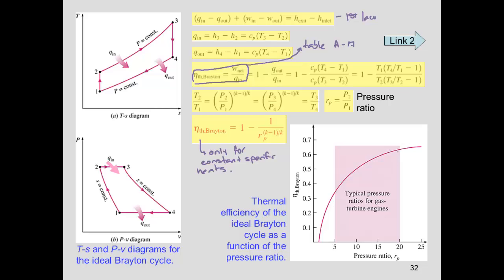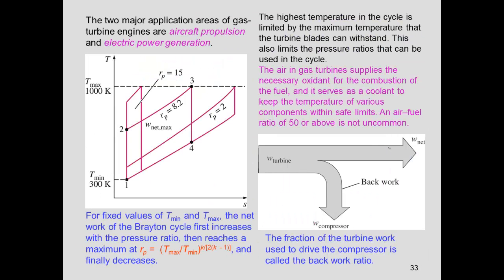Another thing that we can see is that if we fix the temperatures, so if we are fixing the maximum temperature and the minimum temperature, this temperature will be the ambient, and this maximum temperature will be dictated by materials mainly.